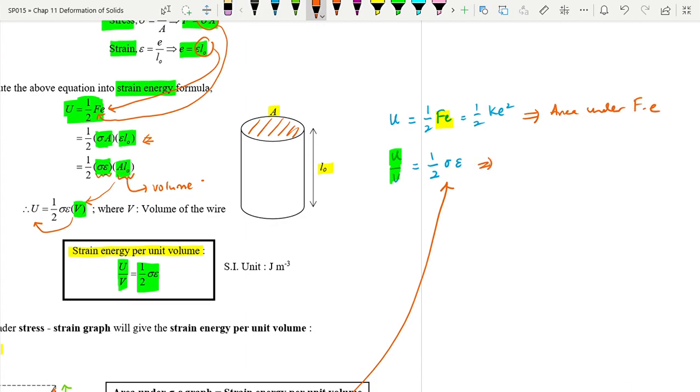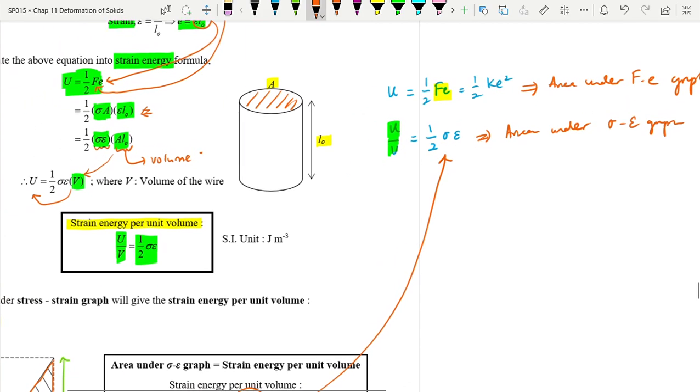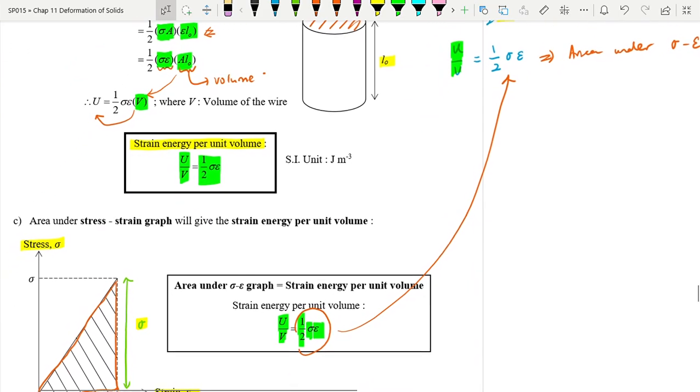Ini adalah area under stress strain graph. Okay, as simple as that sebenarnya. Okay, so kalau diberi graf FE, kita boleh dapat strain energy. Kalau diberi graf stress over strain, kita boleh dapat U over V, strain energy per unit volume.